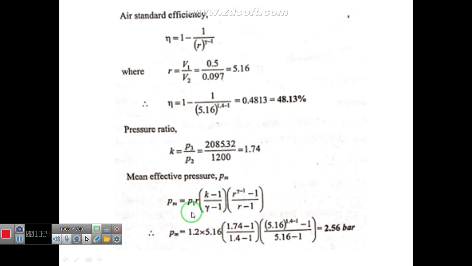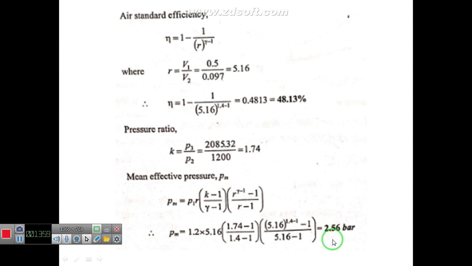P1 is 1.4 and the compression ratio is 5.16. With the pressure ratio already found, the terms are (K minus 1) divided by (gamma minus 1), multiplied by the compression ratio 5.16 power of (1.4 minus 1), divided by (5.16 minus 1). This equals the mean effective pressure, 2.56 bar.